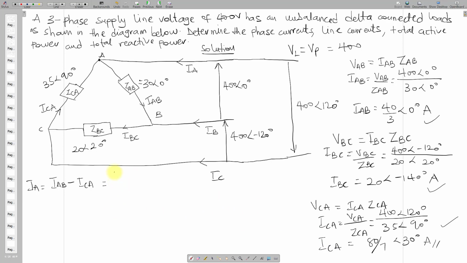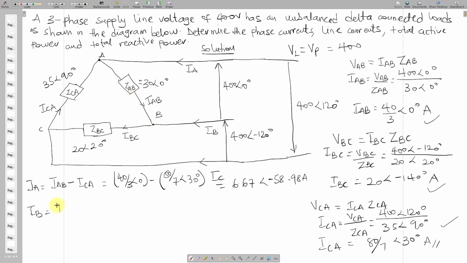So it's going to be 40 on 3 angle 0 minus ICA, that is 80 on 7 angle 30 degrees. So I'll have IA to be 6.67 angle minus 58.98 ampere. So IB, similarly, when it reaches this node, should go this way and that way.